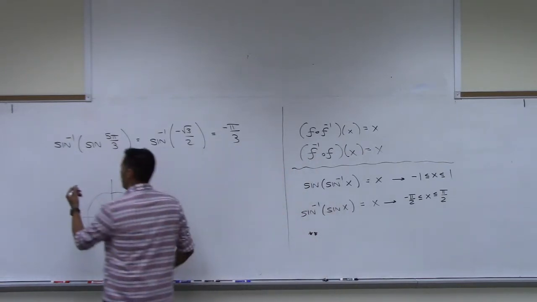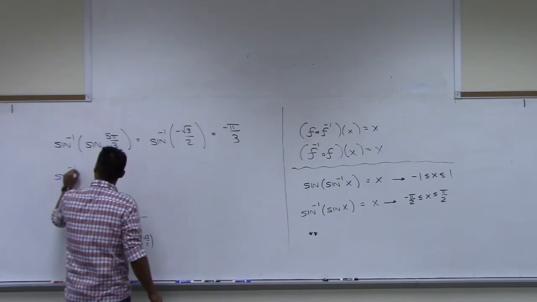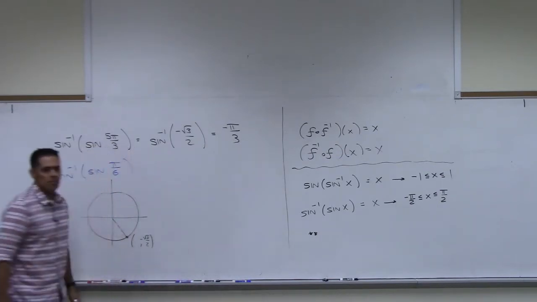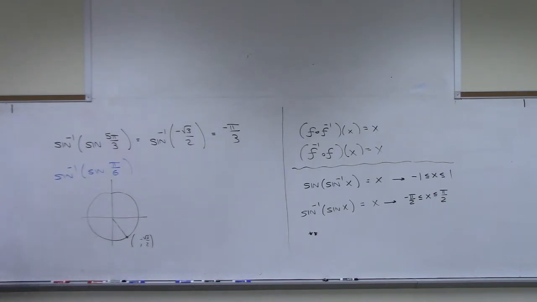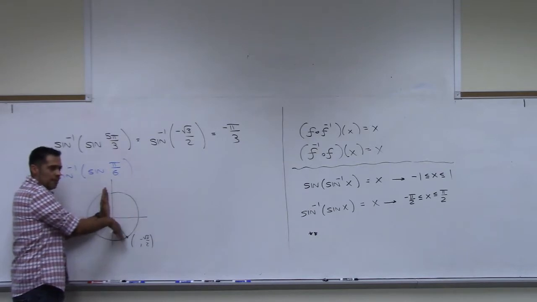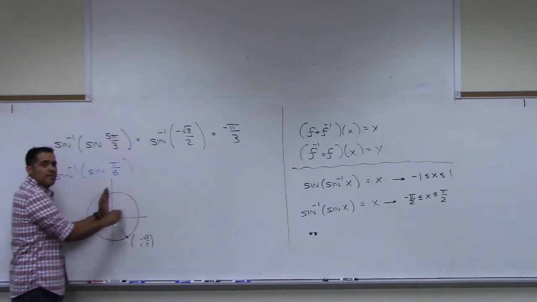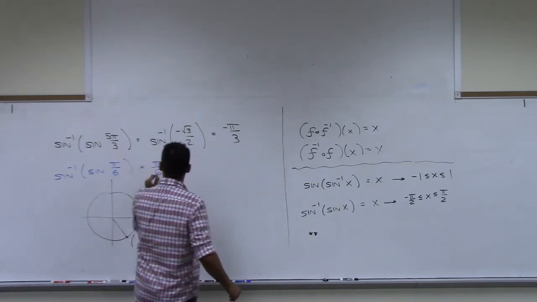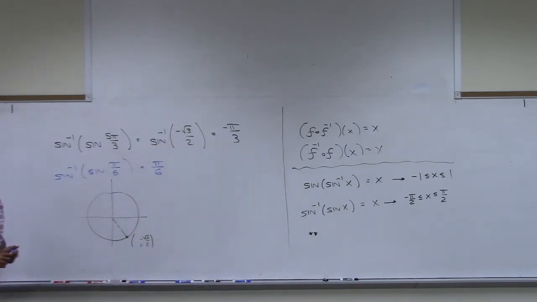Let me illustrate that with another example right below it. What's arc sine of sine of pi over 6? Well, is pi over 6 in between pi over 2 and -pi over 2? Yes, then it's going to spit out pi over 6.